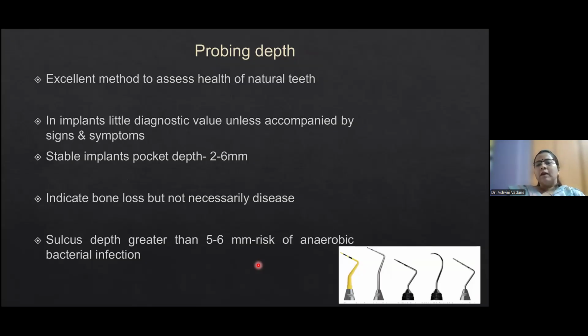In stable implants, the pocket depth is about 2 to 6 mm, and it indicates the bone loss, but not necessarily any disease or deformity. A sulcus depth greater than 5 to 6 mm carries a risk of anaerobic bacterial infection. So probing depth is an easy and very good diagnostic method.